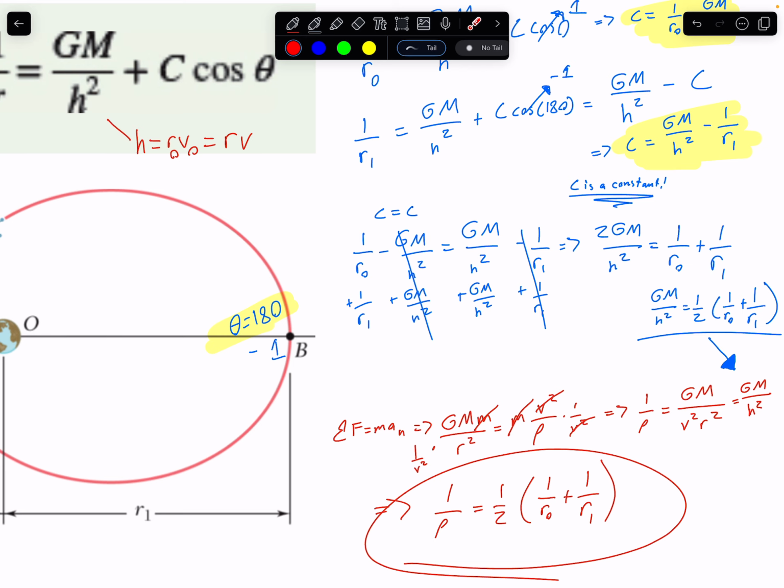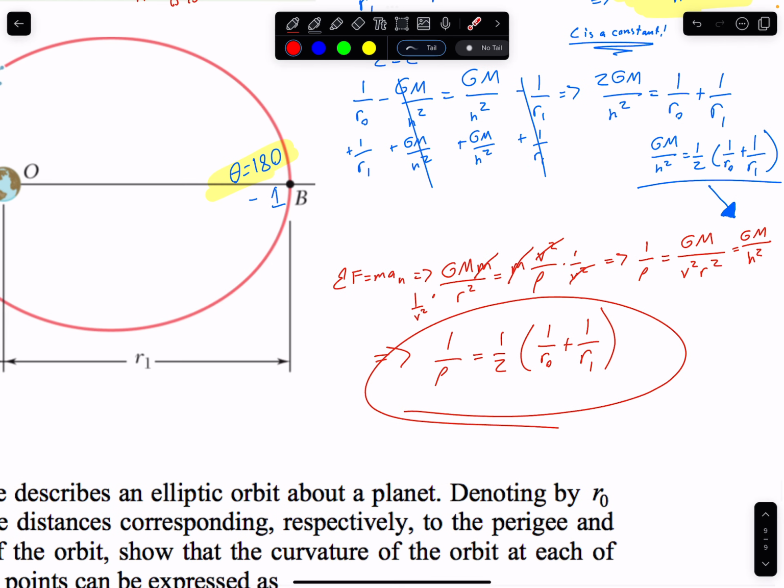And what we can rearrange to is that G times M over h squared is equal to 1/2 times 1 over r0 plus 1 over r1. And we know that force is equal to the mass times normal acceleration, and we know that F is equal to the gravitational force, or universal gravitational law.